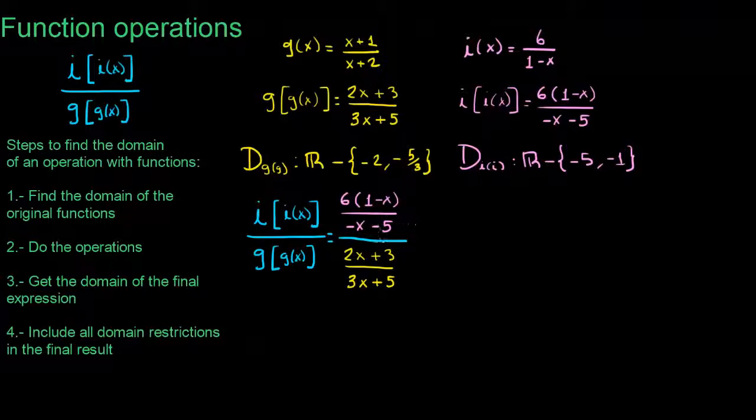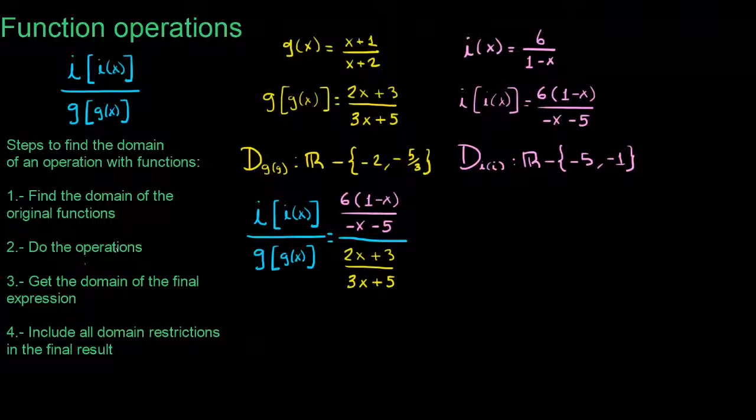Now notice something. I wrote here 4 steps on the left that you can use as a recommendation. They're just a very general guide, although I think they could be helpful. Let's see here. You already found the domain of the original functions, which are this and this one here.